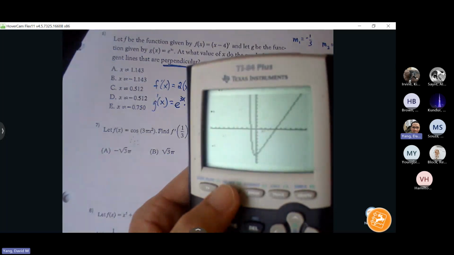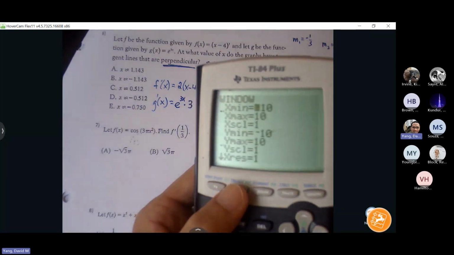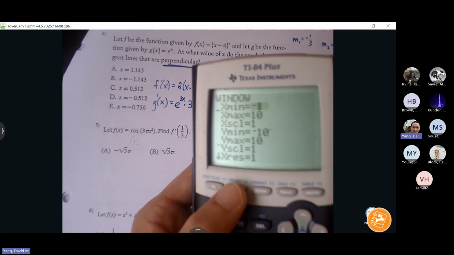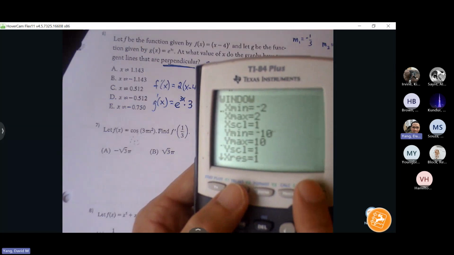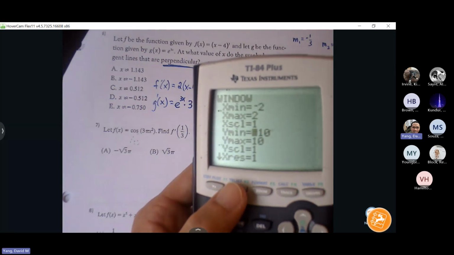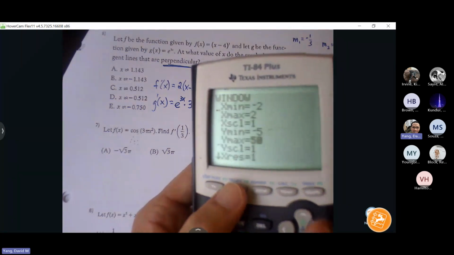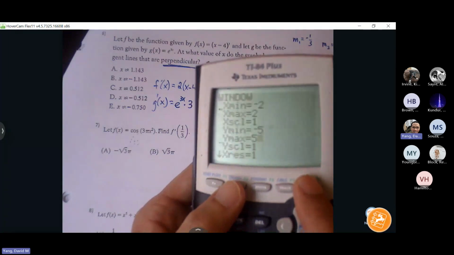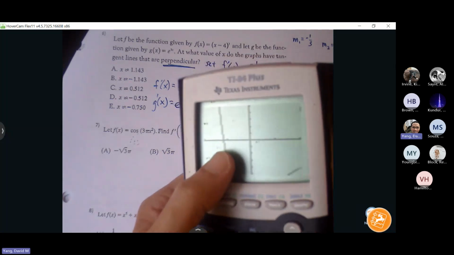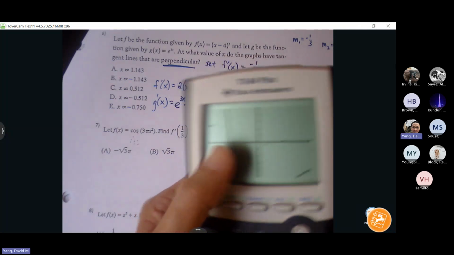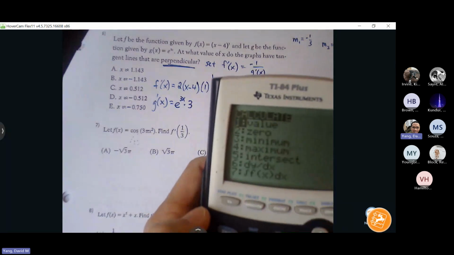So let me just adjust my window here. I just need to see from -2 to 2. And maybe I don't have to get all the way down to -10. I like to play around with these numbers just to make it a little easier to read. Okay, so that's the x-intercept I'm looking for. So do second trace, 0.